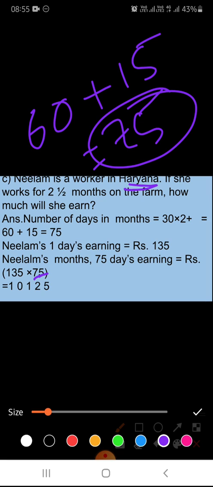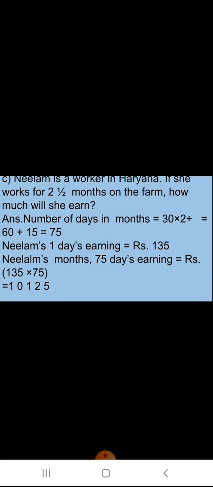And the salary of 1 day is 135, because in Haryana they are getting 135. So 75 multiplied by 135 will get how much? 10,125. Means she is getting 10,125 for 75 days, that is 2.5 months.